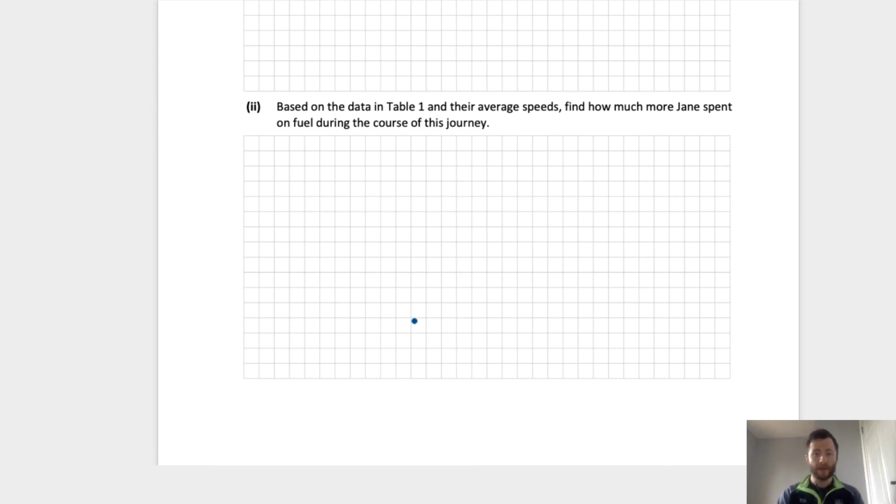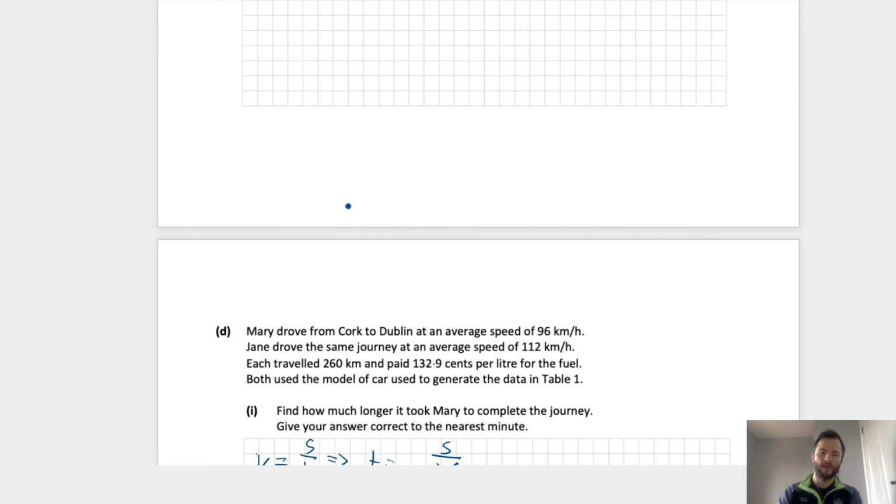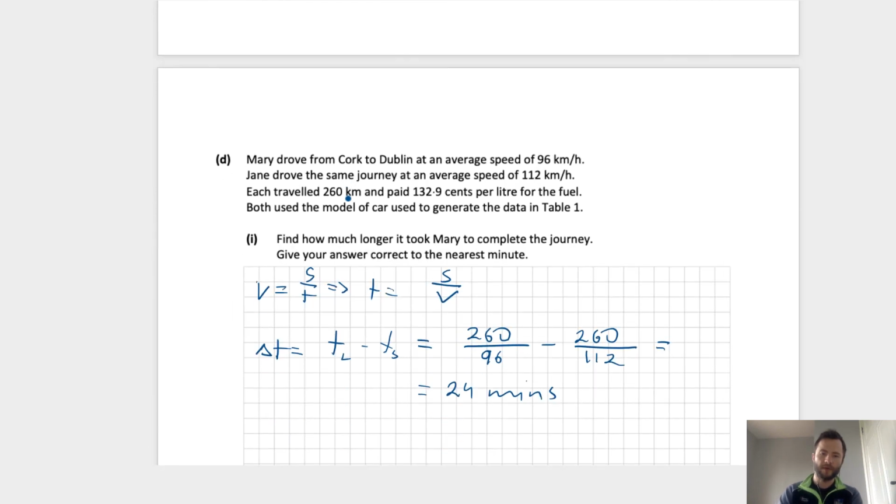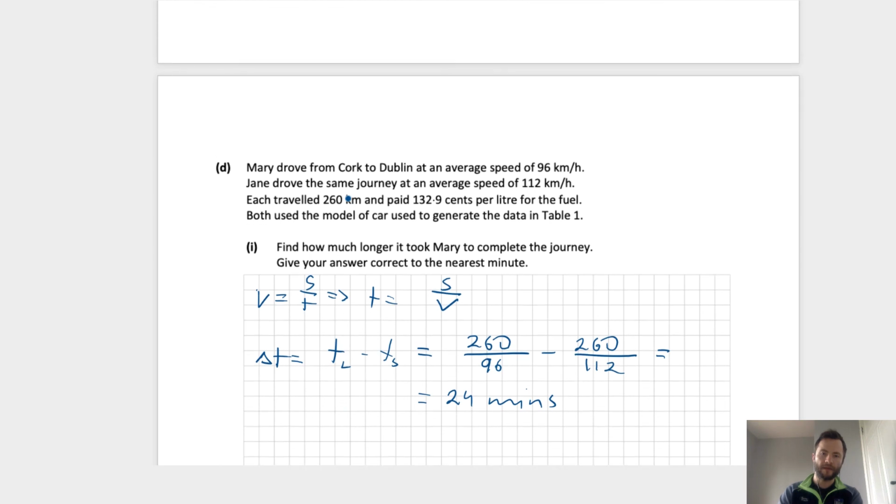Then, based on the data in table 1 and our average speeds, we have to find how much more Jane spent on fuel during this journey. So Jane is traveling at 112 kilometers per hour and Mary is traveling at 96.